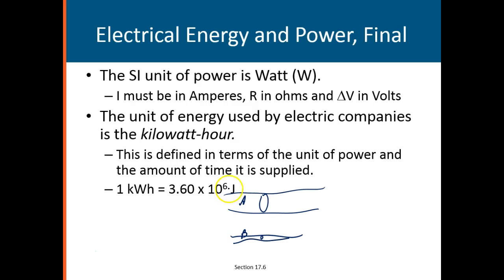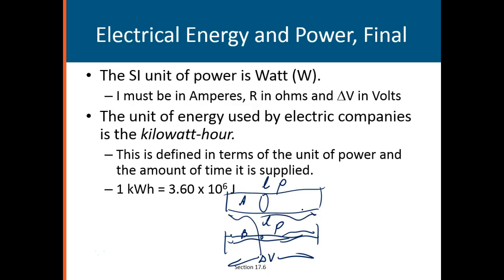But their lengths are the same. Those are the same. And the resistivities are the same. For a given voltage difference across the ends, so the delta V is the same here as here.